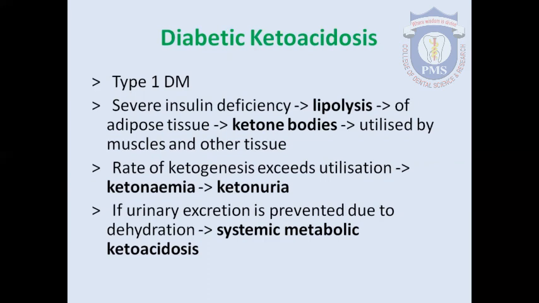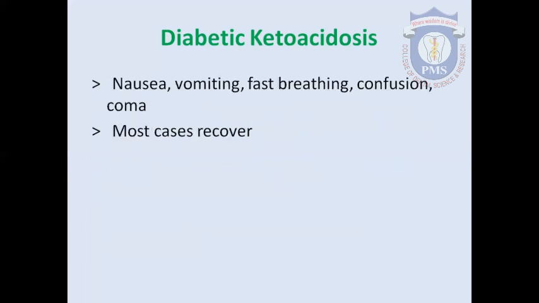When the rate of ketogenesis exceeds utilization, ketonemia results, which gives rise to ketonuria. If the urinary excretion of ketone bodies is prevented due to dehydration, systemic metabolic ketoacidosis sets in. Symptoms include nausea, vomiting, fast breathing, confusion, and coma. Most cases recover.